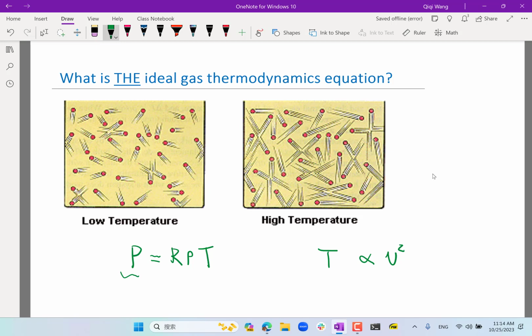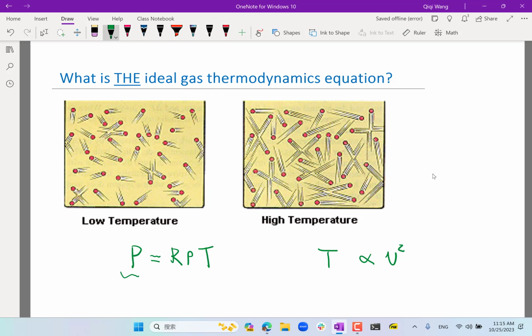Even if the number of molecules is the same, the time it takes to bump onto the left and then bump on the right halves. And each time a molecule bumps the wall, it transfers twice as much momentum.